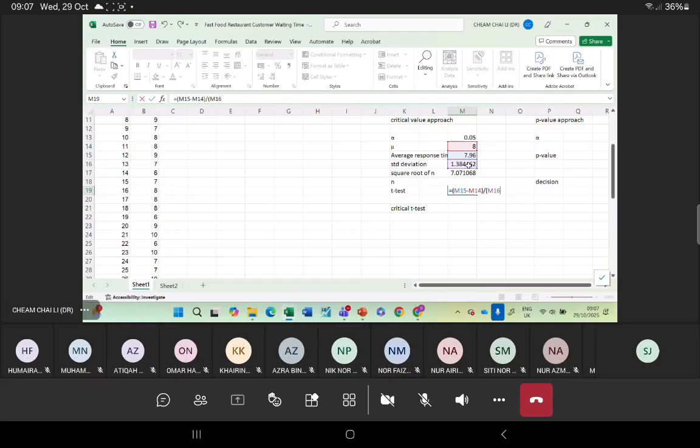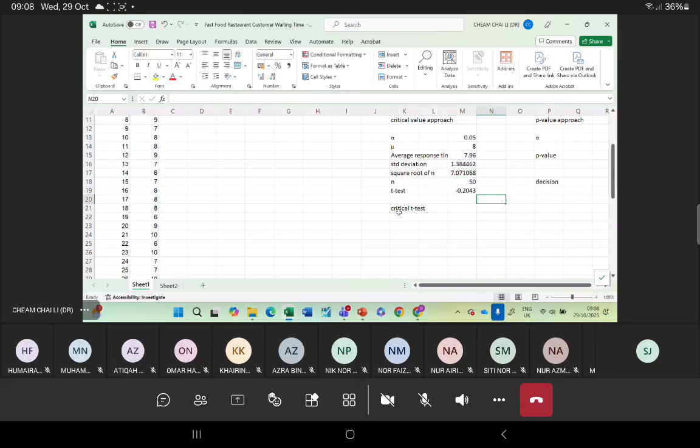So this is your S, and the division, divide by the square root of N. So now you get negative 0.2. This is the formula.